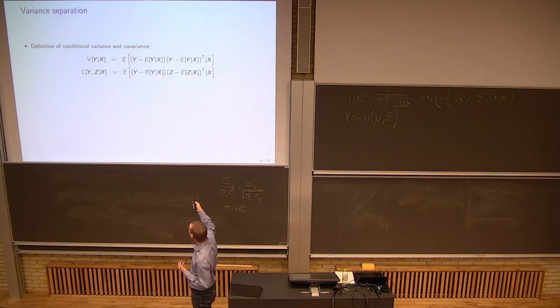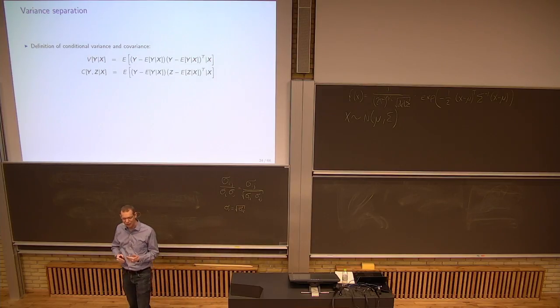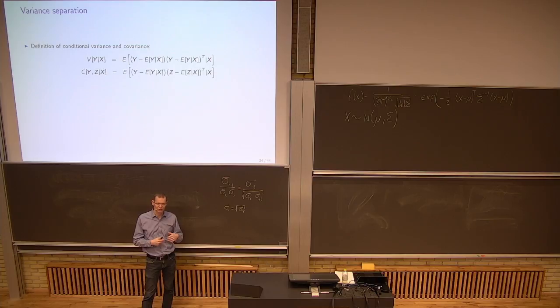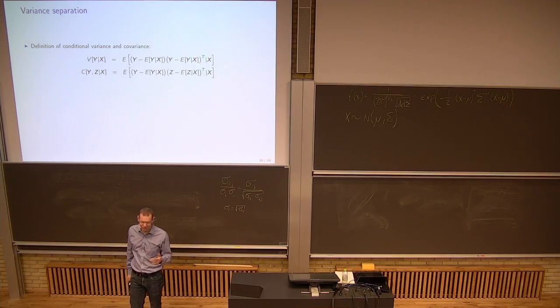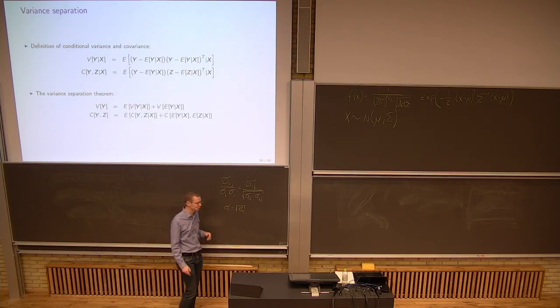And for the covariance, you can see it's the exact same thing. The only difference is that z comes in 2 places there and replaces the y. But the structure is exactly the same as before. It's just that when you do the conditional variance and covariance, everywhere where it just had an expectation before, you have to have the conditional expectation. That's what it is.